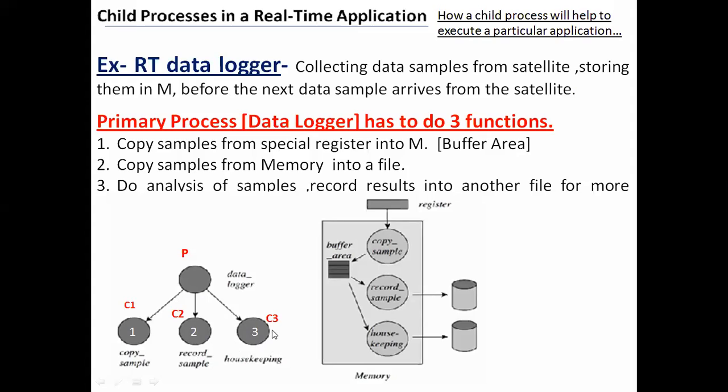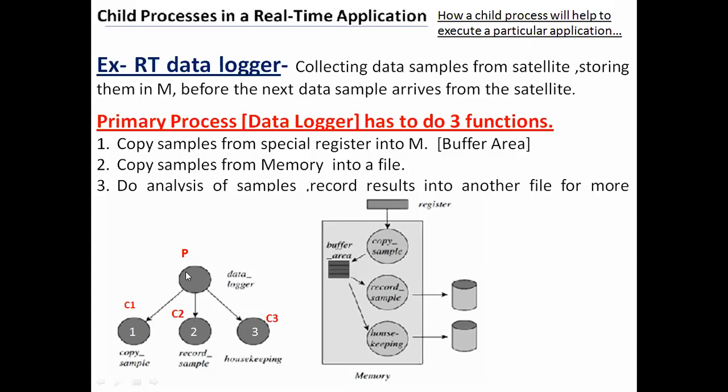The function of the third child process is housekeeping, which means doing some analysis on the samples and storing the results and so on. This figure indicates that the parent process is the main function of the whole system, where the system is the data logger, whose main function is to accept the samples sent from the satellite.